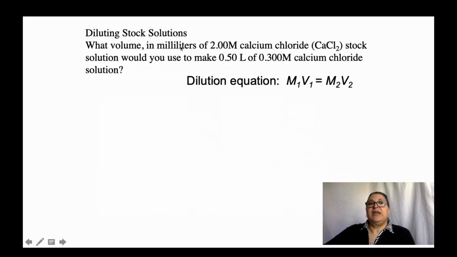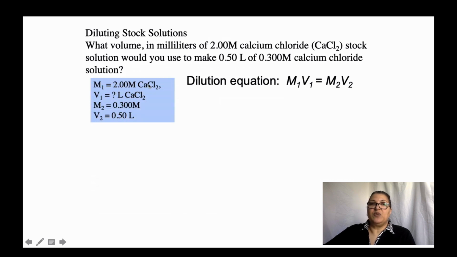What is the volume in milliliters of 2 molar calcium chloride stock solution you would use to make 0.5 liters of 0.3 molar calcium chloride? So plug in the values. M1 would be 2. V1, we don't know. M2, we want to make 0.3 from 2. And we want the final volume to be 0.5.